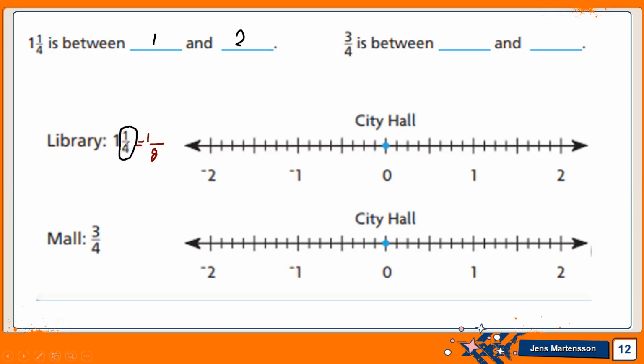Now, how can you make 4 to be 8? By 2. Bravo, you will multiply it by 2 up and down, not only the numerator. So 1 times 2 is 2, and 4 times 2 is 8. So it comes now as 2 out of 8.